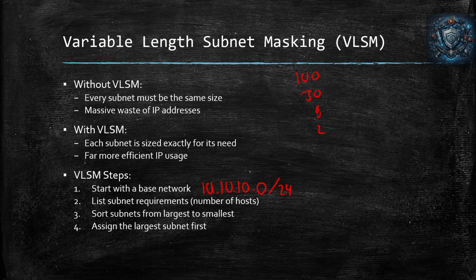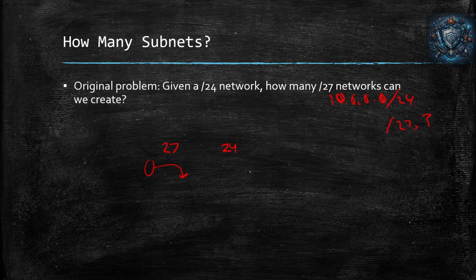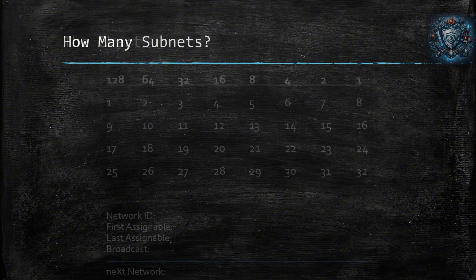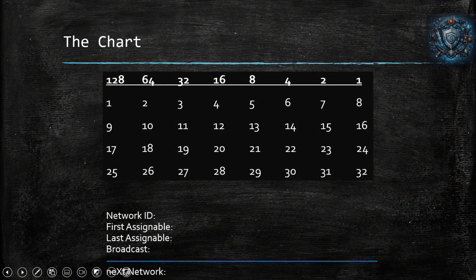We're going to assign the largest subnet first, and then we'll keep going until we're done. So what subnet will contain 100 hosts? If we recall back to the chart, we need 100 hosts, 30 hosts, 8 hosts, and 2 hosts, right?